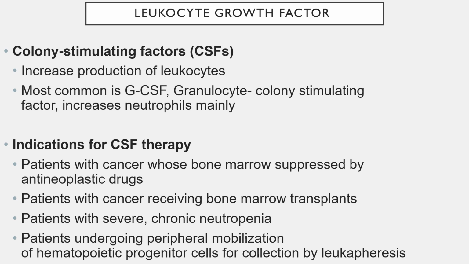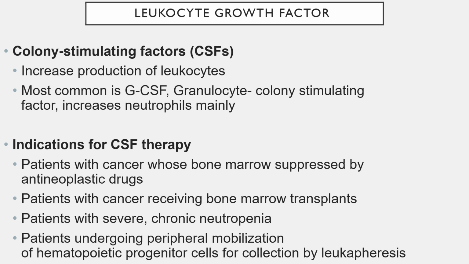So when can we use these drugs? Well, if a patient has been suppressed by a drug, their bone marrow has been severely impacted by a chemotherapy drug, then we can use one of these colony stimulating factors to increase the white blood cell count.